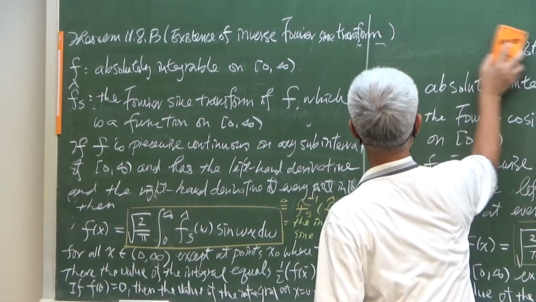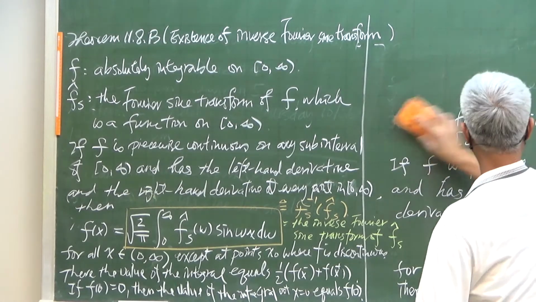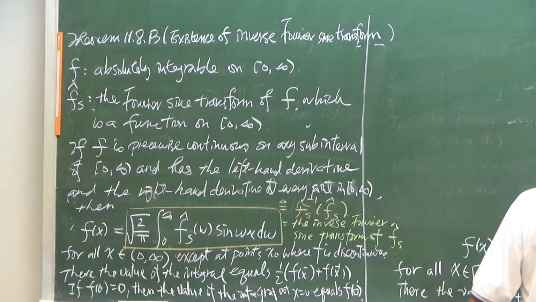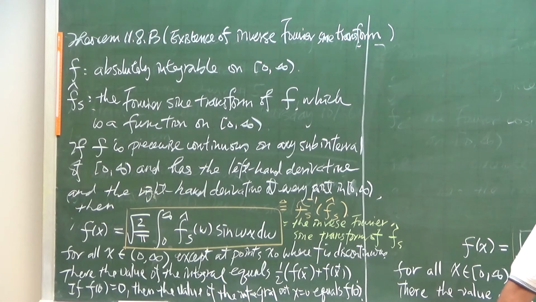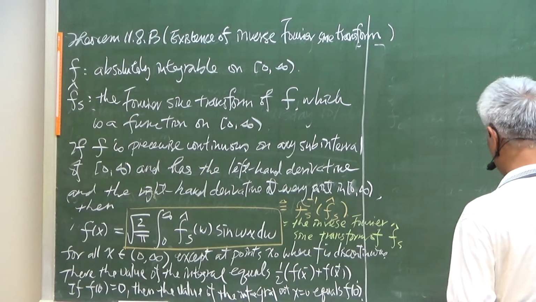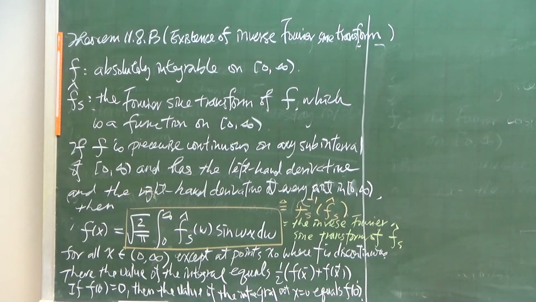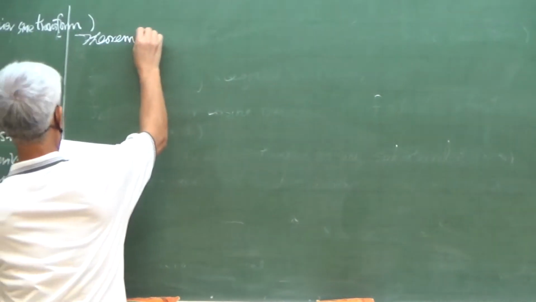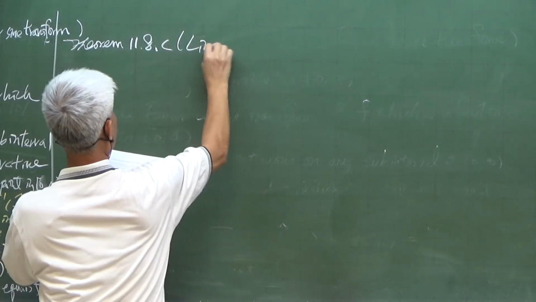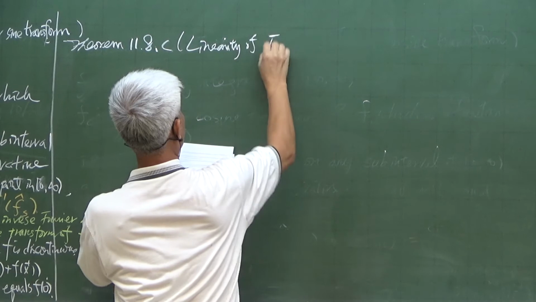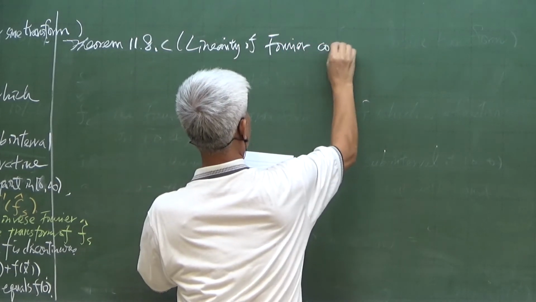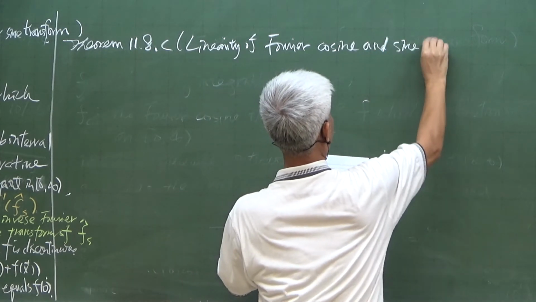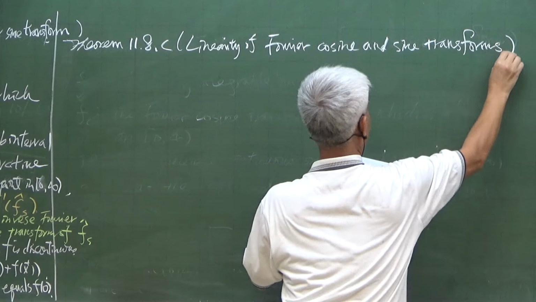Now basically, because the Fourier cosine transform and Fourier sine transform are integral transforms, and integration is a linear operation, we have linearity.